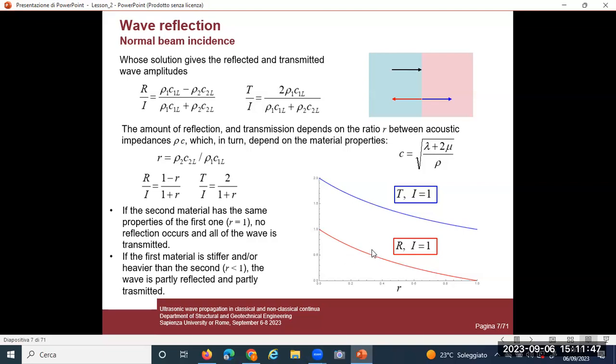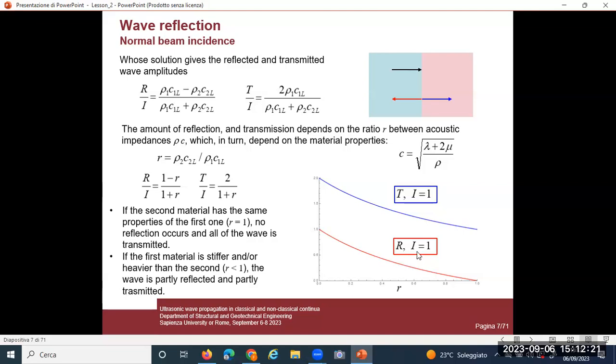And if we represent the transmitted amplitude and the reflected amplitude as a function of the acoustic impedance, which is what is done in this diagram, you see that the amount of transmission and the amount of reflection change as a function of the ratio between the impedances. It is interesting to observe that ρ equal to 1 means that the two materials have the same properties.